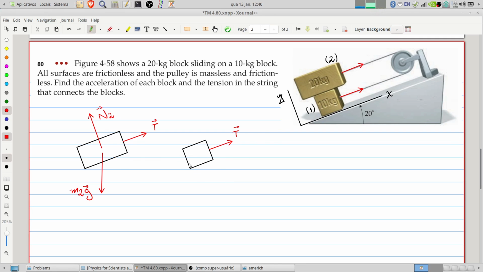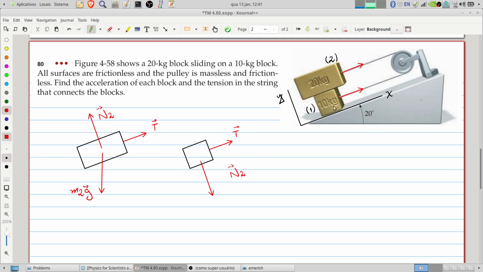So here, acting on block 1, we have the same force in the opposite direction.